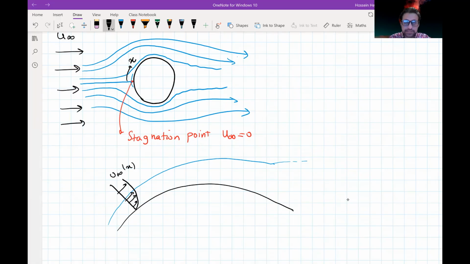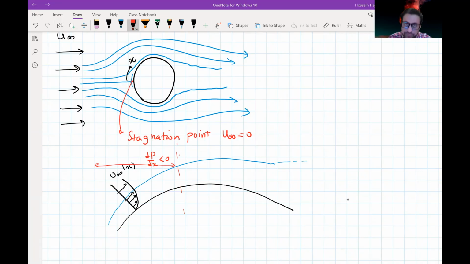The velocity keeps increasing until a point where we have dp/dx negative. It is a favorable pressure gradient, and in this zone we have acceleration of fluid velocity.